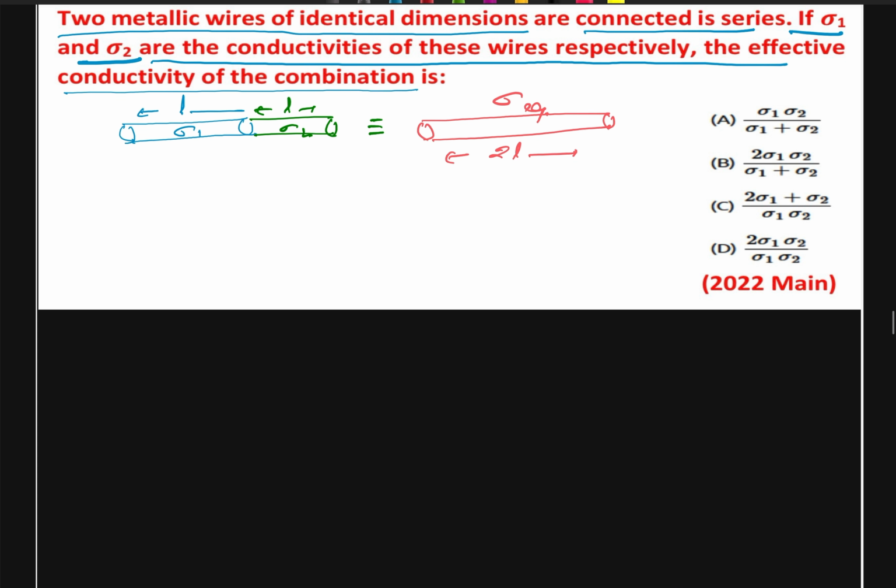So we know that our resistance and area of cross section will be same for both. So we know our resistance, which is given as L upon sigma A, and for identical dimension we can say our resistance is inversely proportional to our sigma.